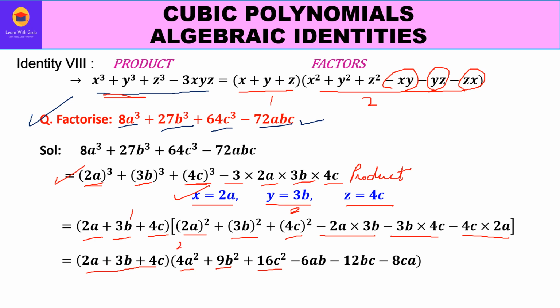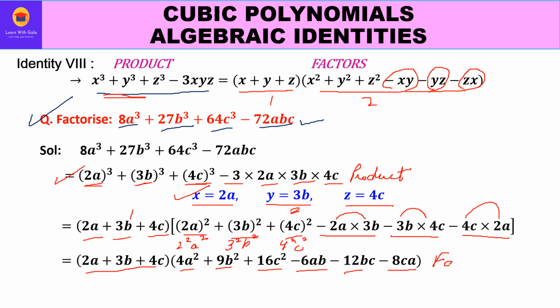So it is actually 2 square and a square, that's why it is 4a square. Similarly over here it is 3 square and b square. Here it is 4 square and c square. This is the common mistake which children make, so be very careful with that. Now minus 2 into 3 is 6, so minus 6ab. Minus 3 into 4 is 12bc and minus 4 into 2 is minus 8ca.